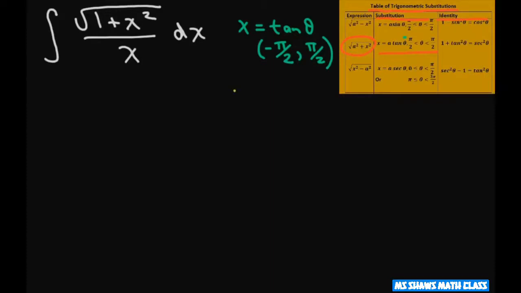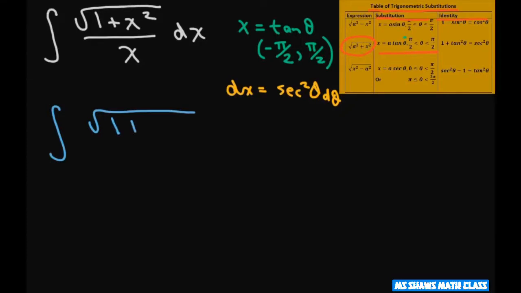All right, so our dx would equal secant squared theta d theta. Now, when we substitute, we're going to get the square root of 1 plus tan squared theta. And 1 plus tan squared theta is going to be secant squared theta.